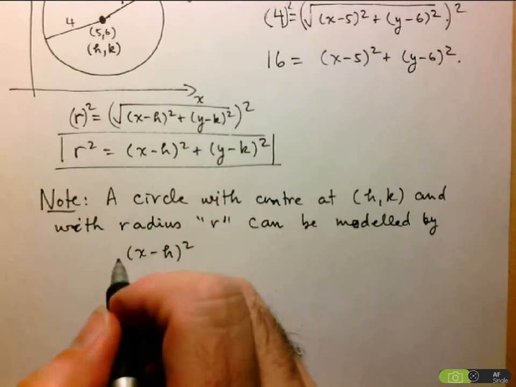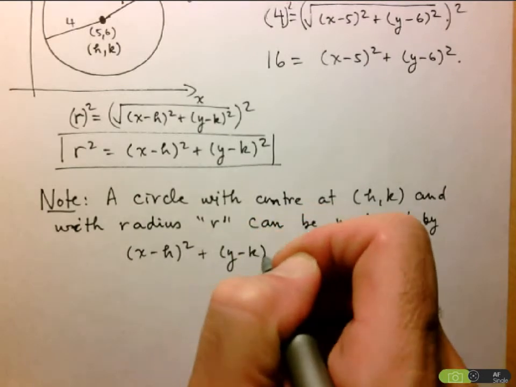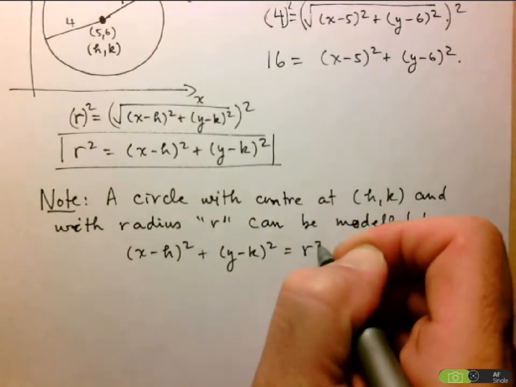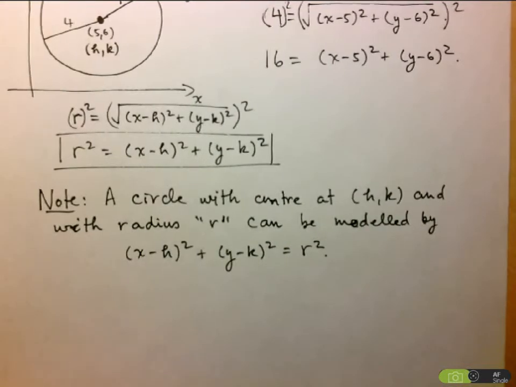So normally we write this portion on the left hand side, plus y minus k squared equals r squared. Okay, so in the same way that to find the equation of a line I need a slope and a point, in order to find the equation of a circle I need a center and a radius.